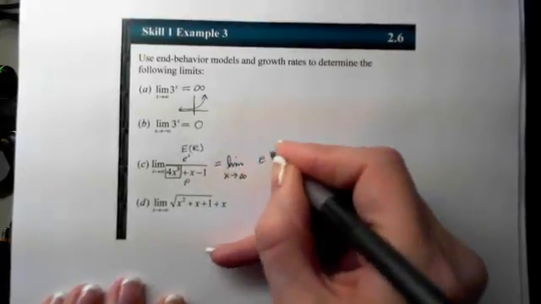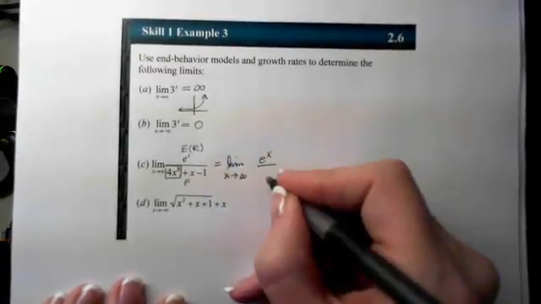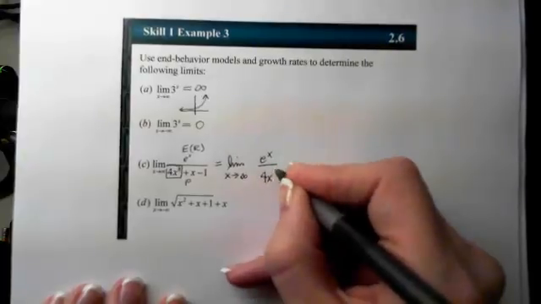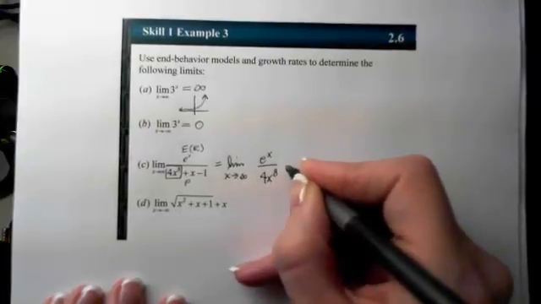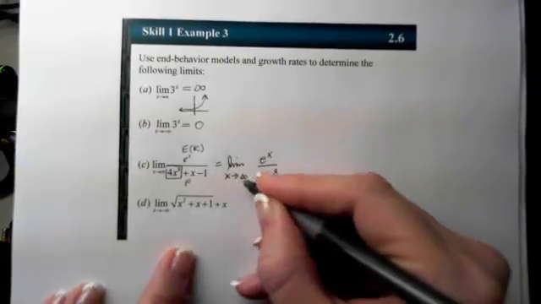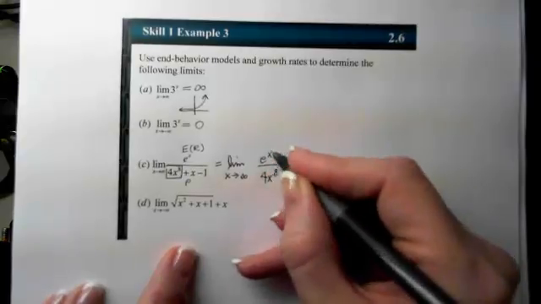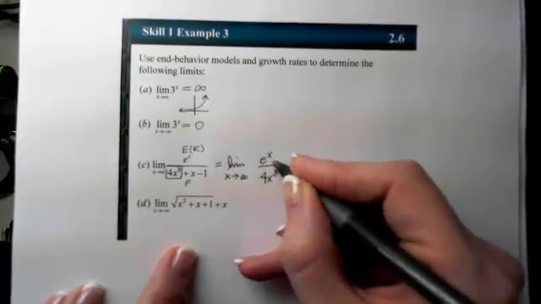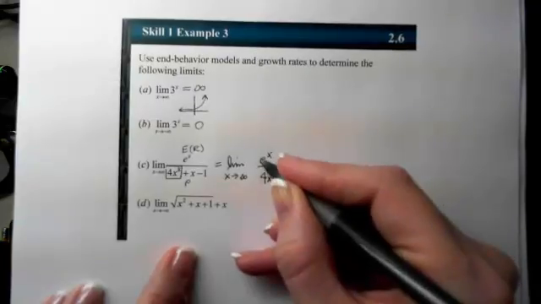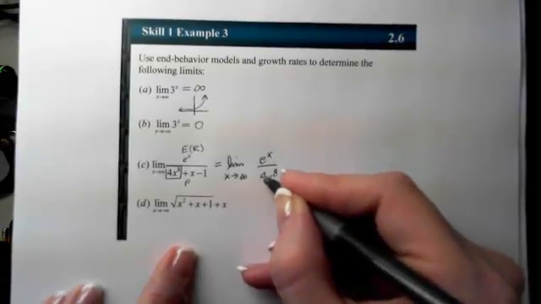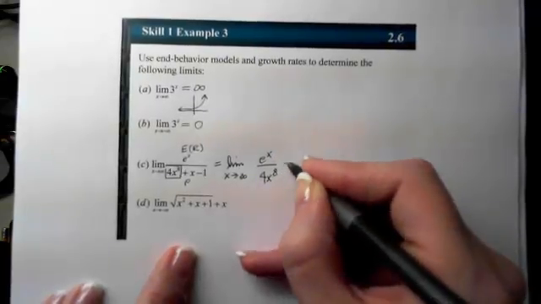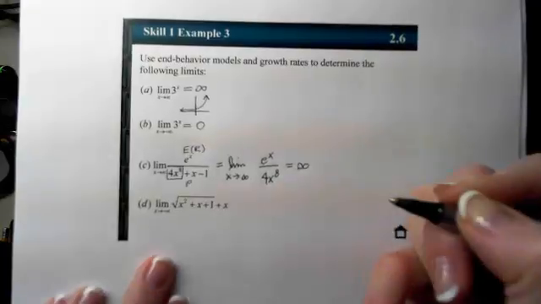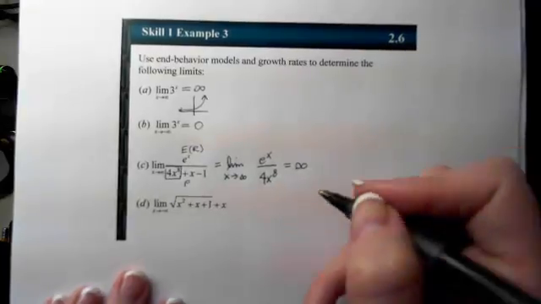That's because one of the terms, the e to the x, is growing significantly faster than the polynomial. So as x becomes infinitely large, e to the x in comparison to the 4x to the 8th will be much, much larger. So we have a gigantic number divided by a relatively small number in comparison. That means we are blowing up to positive infinity.